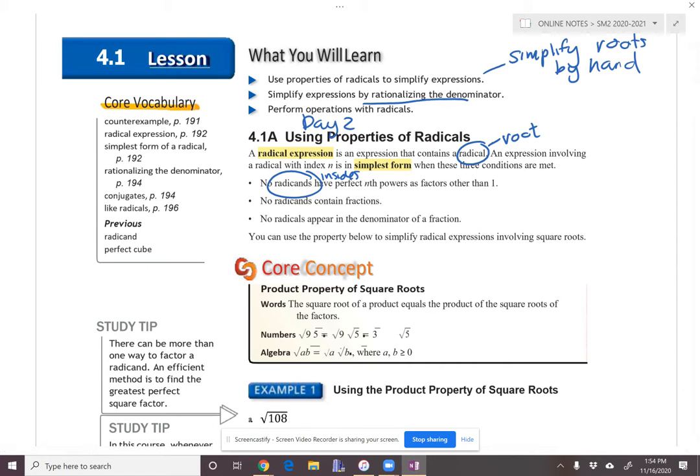Meaning if it's a square root, you don't have squares in there. If it's a cube root, you don't have cubes in there. No radicand contains fractions, and no radicals appear in the bottom. But the main one we're going to focus on today is this one.